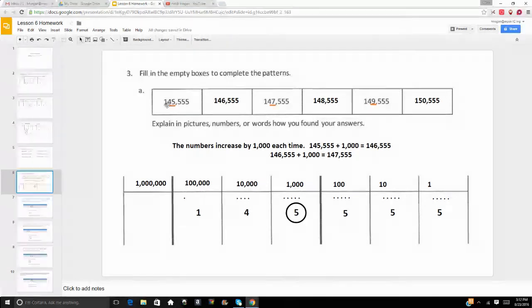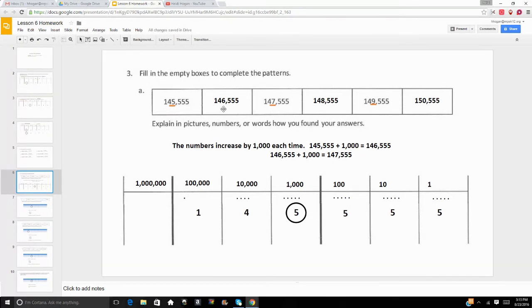And we can see that in all of the numbers, the numbers that are dark are the ones I added in, I saw that we have 140,000 for all of these numbers. And what's different is the thousands place. And it's going from 5 to 7 to 9. So we have to fill in the blanks, which would be 6.